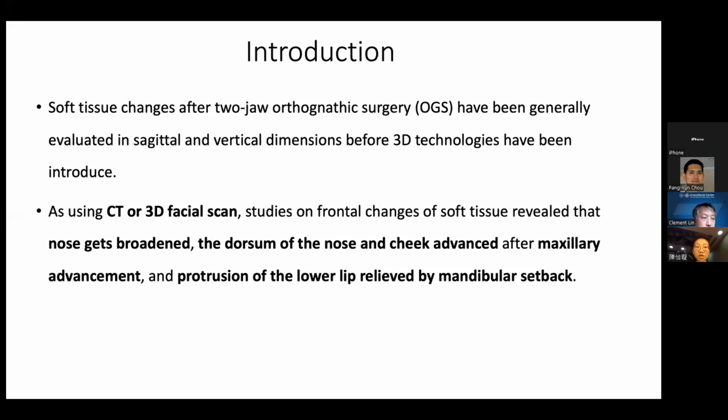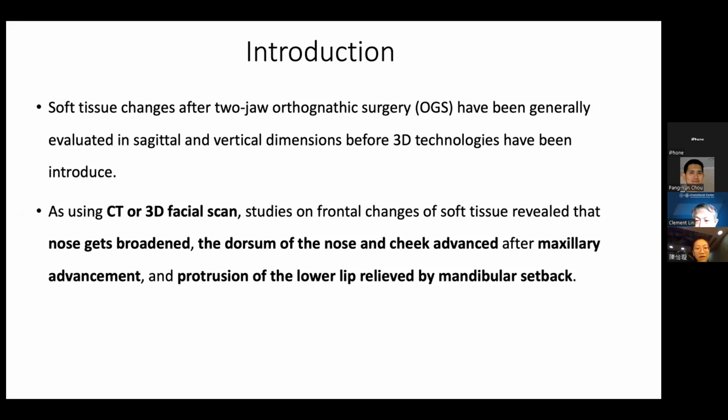Start from the introductions. Actually, there are many studies about the soft tissue changes after two-jaw orthodontic surgery. Since before 3D technology was introduced, in 2D evaluations, it's mostly in sagittal and vertical dimensions.